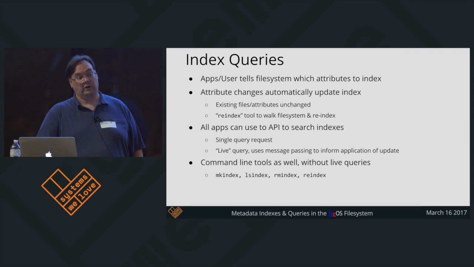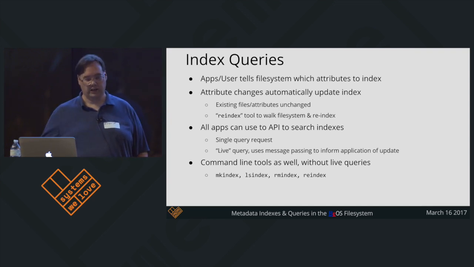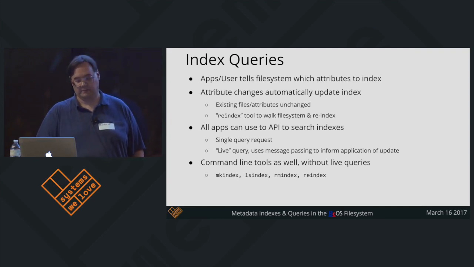If you create an attribute on the file system after the fact, say you're adding an attribute onto your audio files, and you already have a bunch of audio files existing, well then there's a reindex command you can run to walk through your file system, find any missing attributes, and update those into the database.